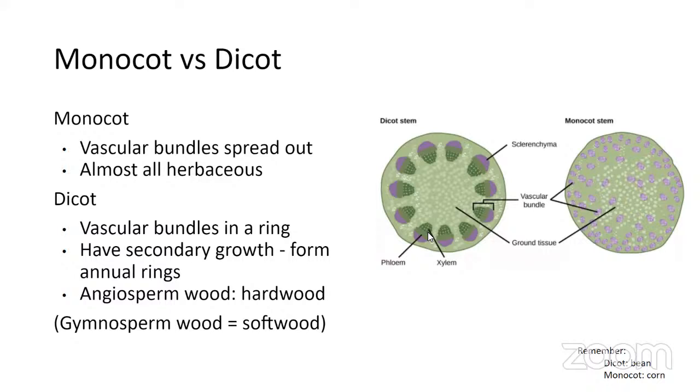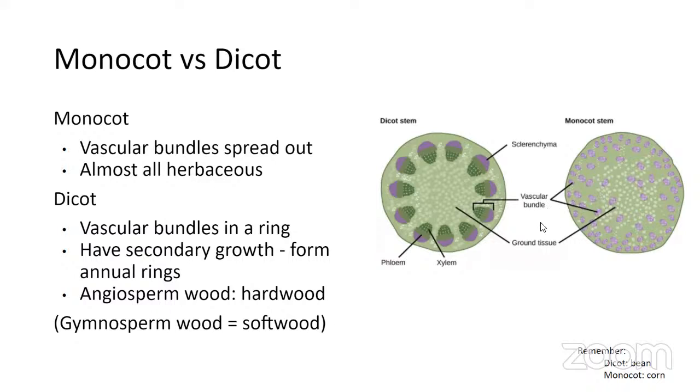Our xylem is this darker green, and we have this phloem, this kind of olive drab color, and then another structure called the sclerenchyma. In a dicot, these are going to be in rings, all in a circle. But in a monocot, they're going to be diffusely spread out, some sort of complex structure, or honestly, almost looking like a lattice structure.